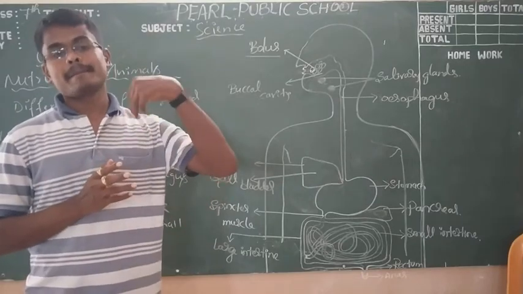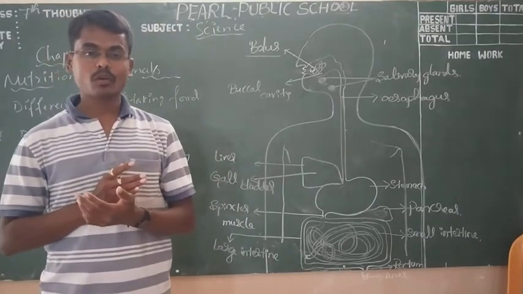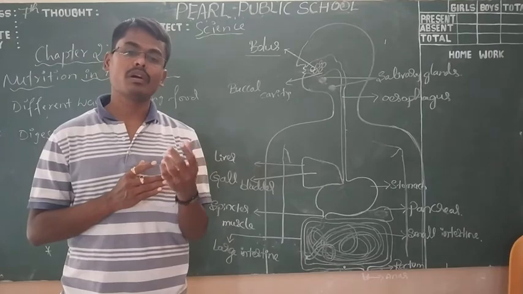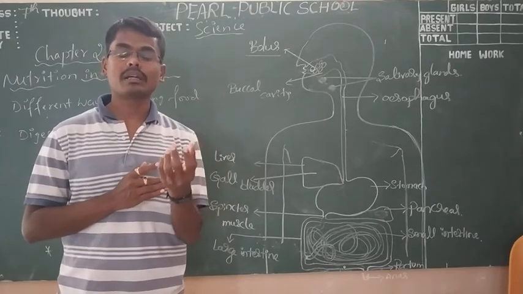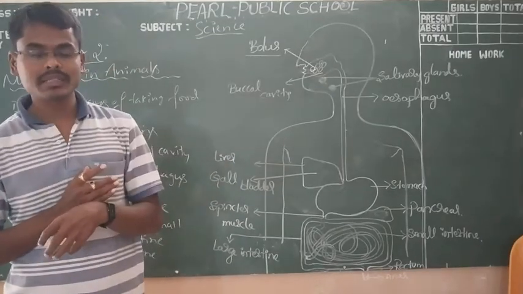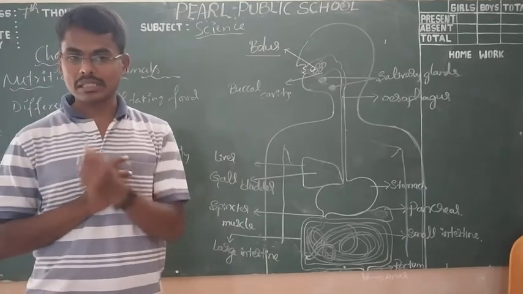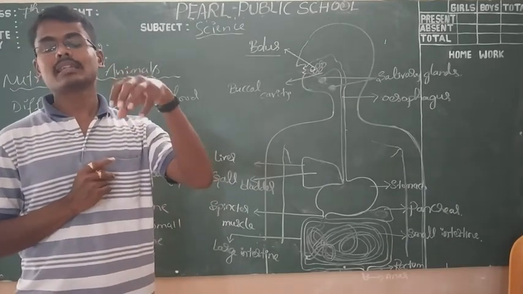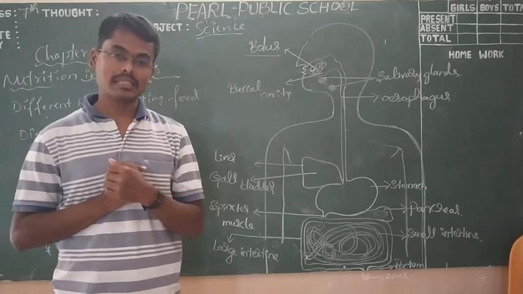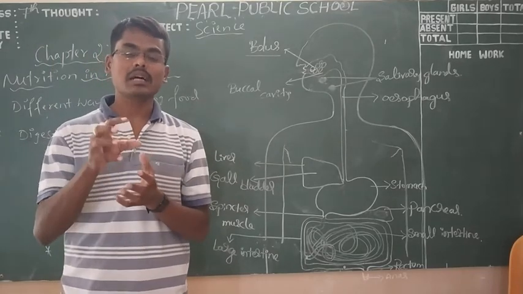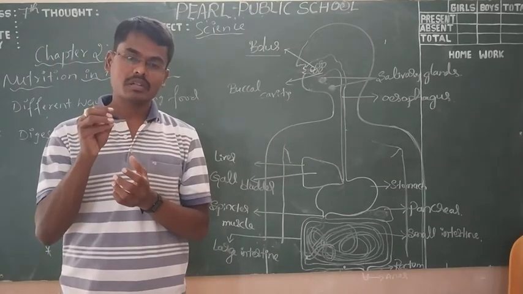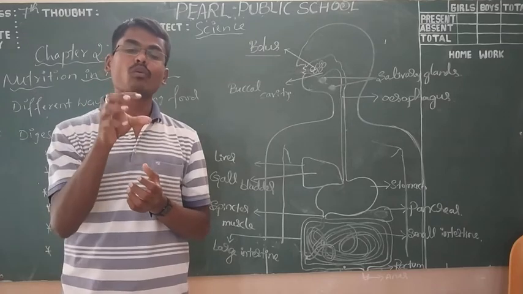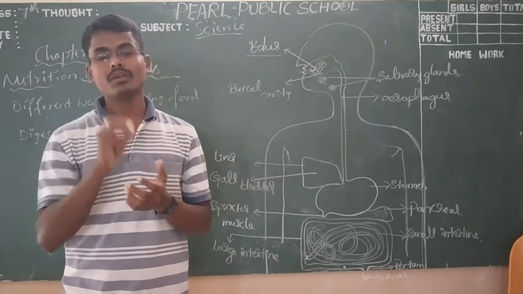The undigested food, which consists of moisture, water particles and some traces of nutrients, enters the large intestine and is absorbed by it. It absorbs the moisture and only a very small amount of nutrients.